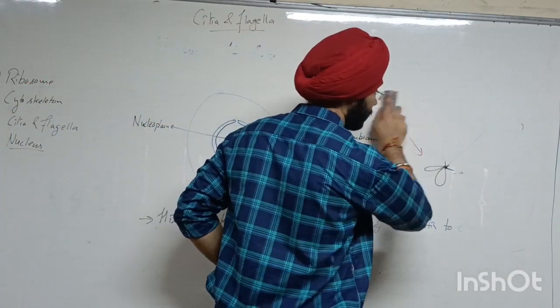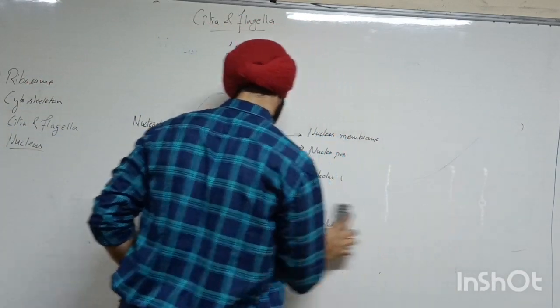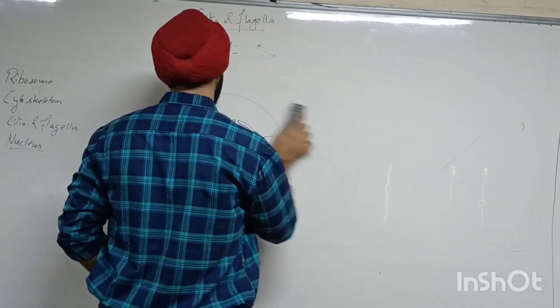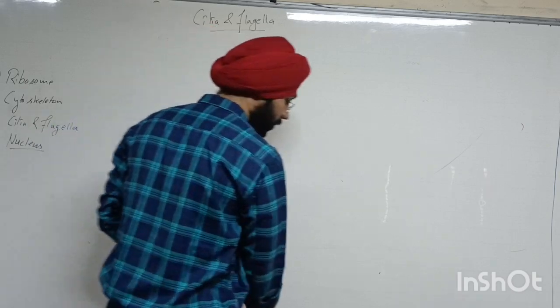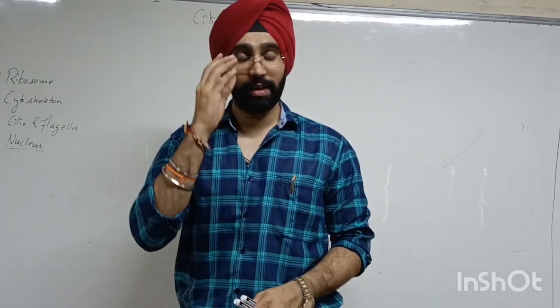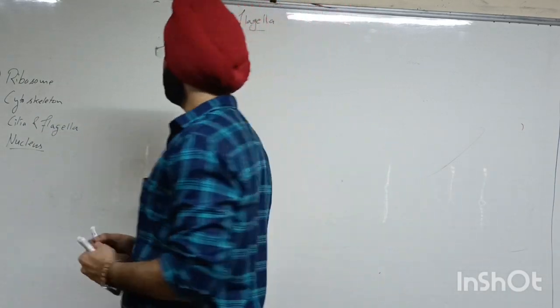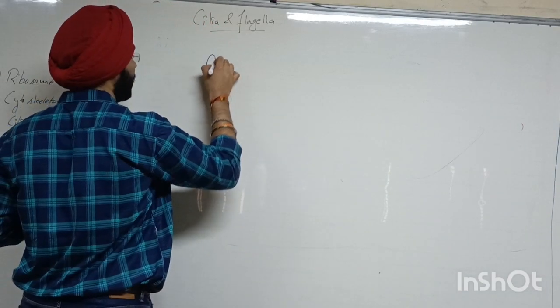There are also some topics remaining, that is the shapes of chromosomes. Actually, in our NCERT, 4 types of shapes are explained. Let me draw it first.